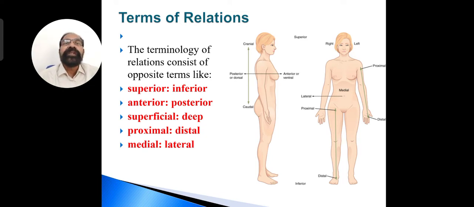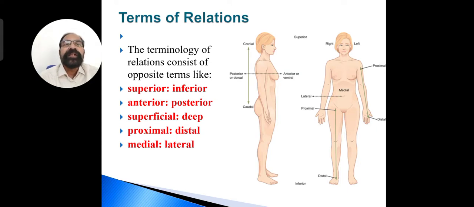The terminology of relations consists of opposite terms like superior, opposite is inferior, anterior opposite posterior, superficial opposite is deep, proximal, distal, medial and lateral. In the picture you can see the different terms: superior is towards the head and inferior is towards the feet.